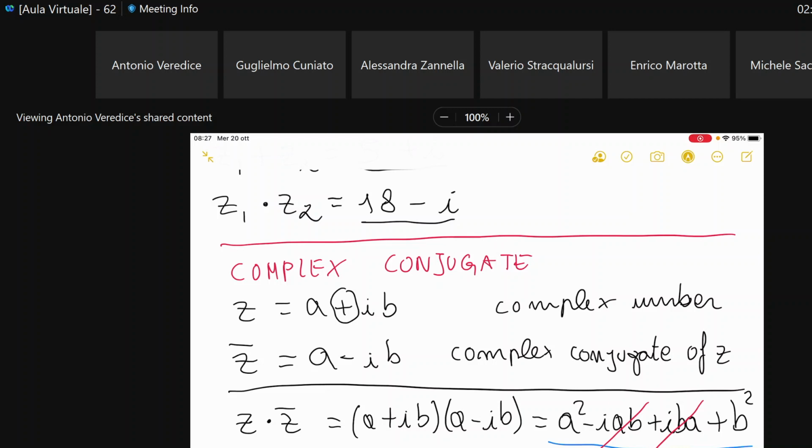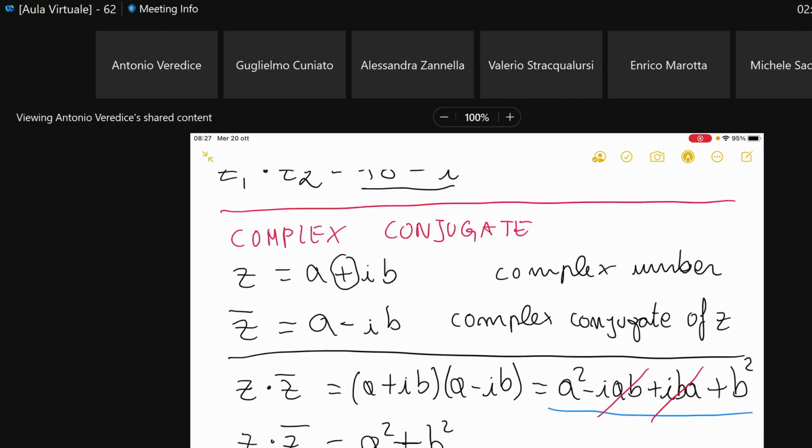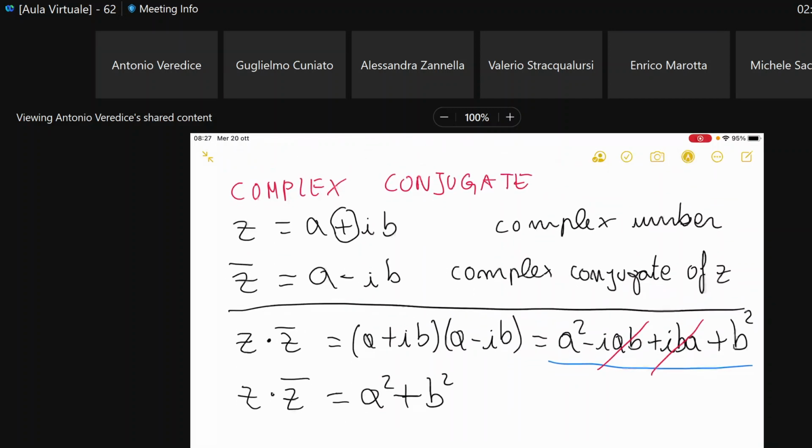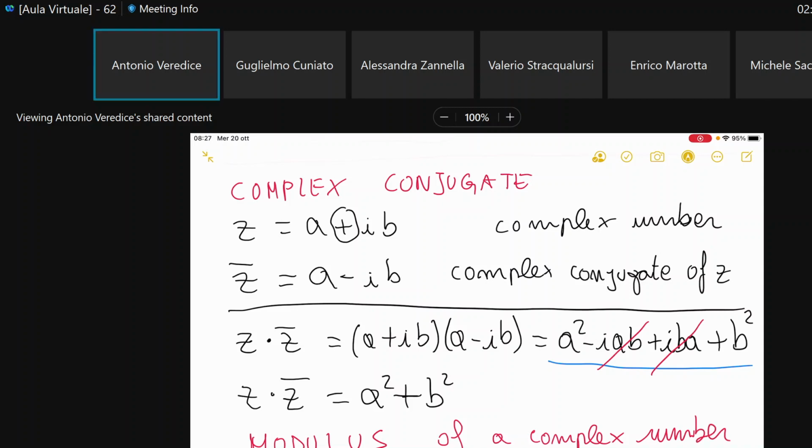With this number we can define the modulus of a complex number, which is like the distance from the origin you saw in R2, in the Cartesian plane.